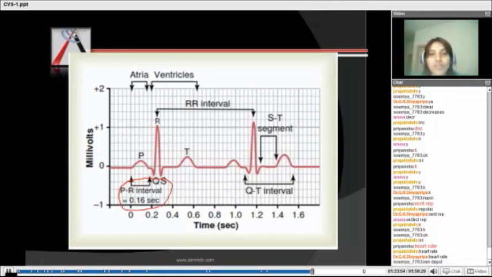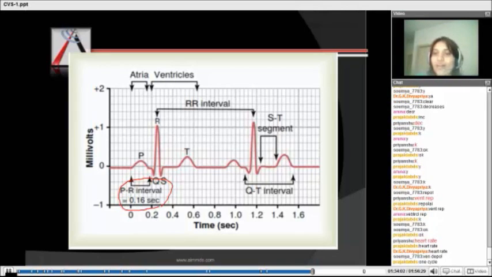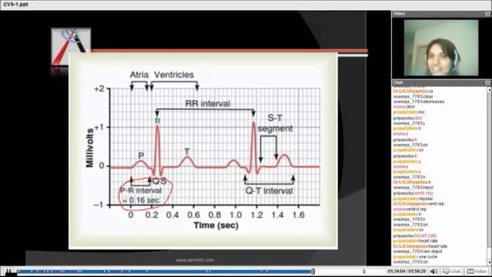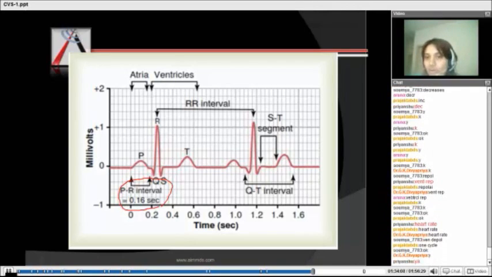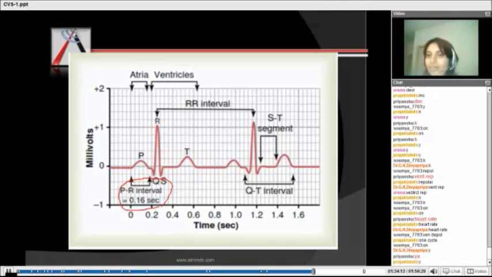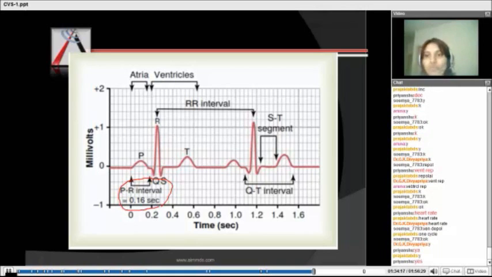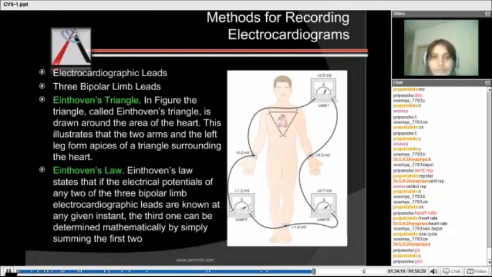It gives your total cycle, atrial plus ventricular depolarization. It gives one total cardiac cycle. Isn't it? Hopefully you understand everything now from here. It may need a bit of revision, it may need a bit of back reference when you read the MCQs, but hopefully it makes things clear.